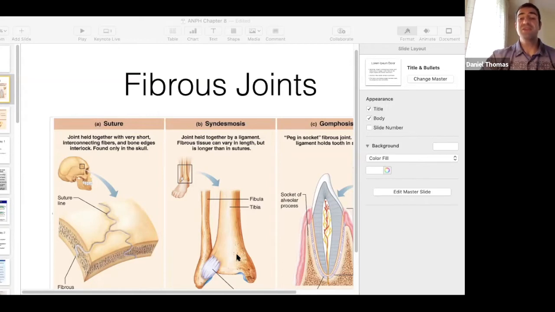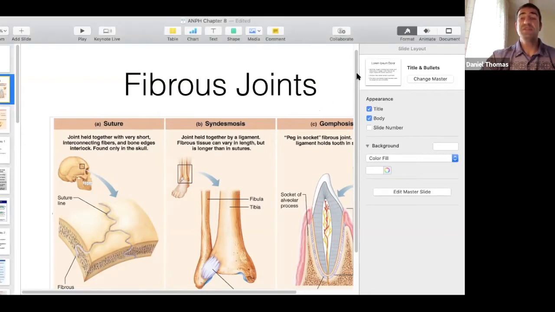These are a little bit different because they're slightly movable, because the tissue between them has the ability to expand slightly. But keep in mind, it is not much movement. Now, diarthroses, there's only really one example of that in the body, and that's a synovial joint, which we will talk about shortly.